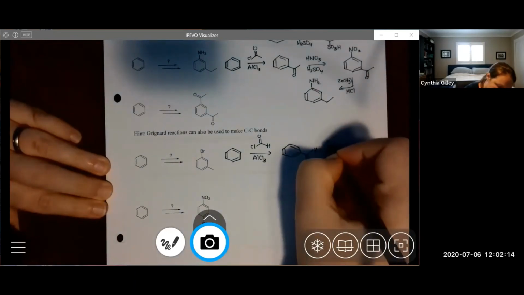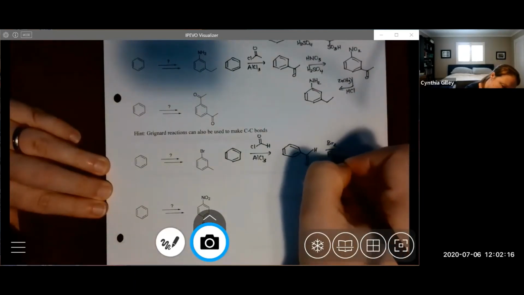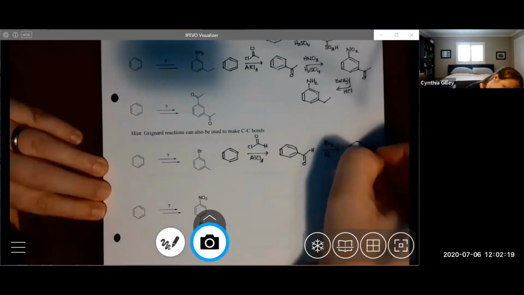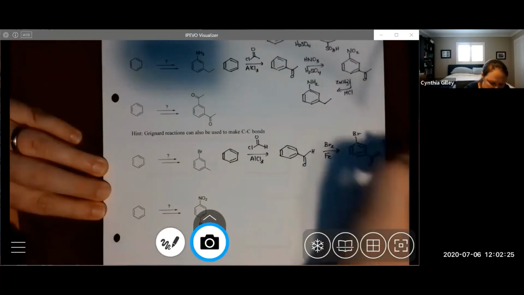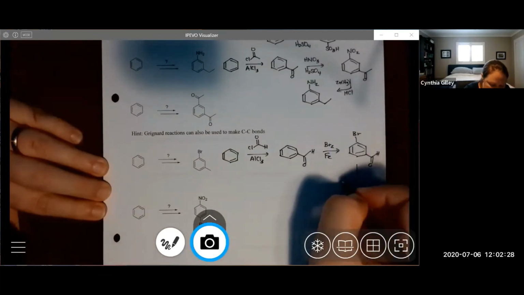So now I can introduce the bromine meta to that group. And then the last step, it's a bit strange.